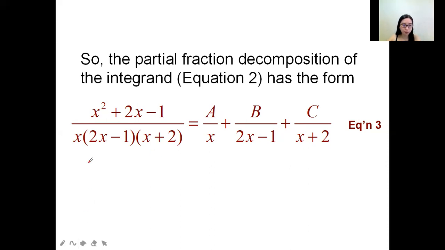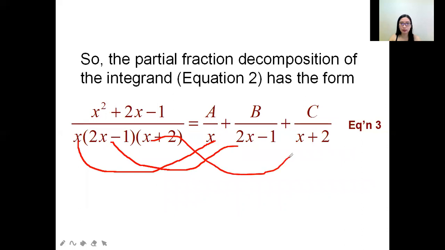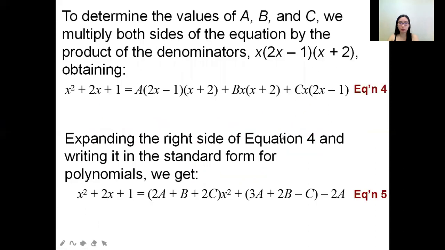So A, B, and C, so that we can satisfy equation 2. So now we have this equation number 3.